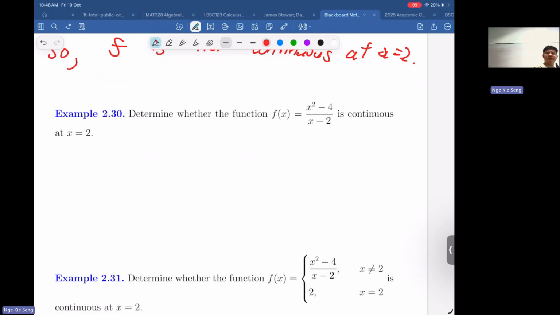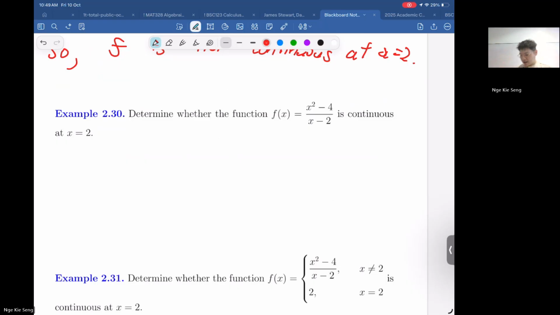Okay, Chengdu. So is this continuous? Yes, sir. Why? If you substitute, you get 0. But isn't it you divide by 0 also? It's not defined. Good.